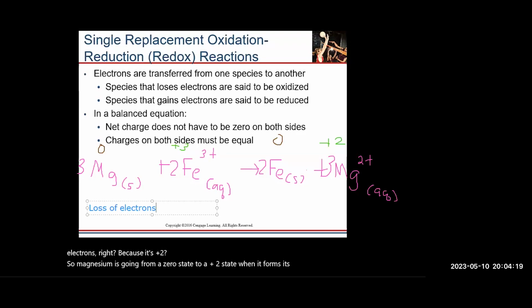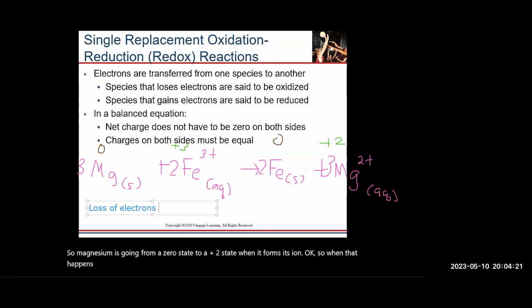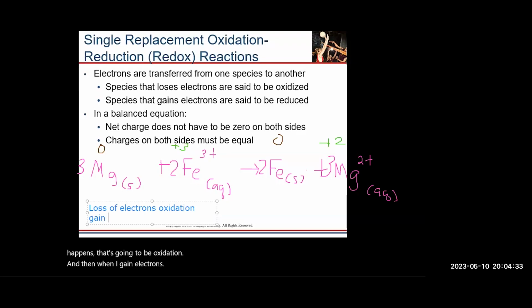When that happens, that's going to be oxidation. And then when I gain electrons, that's going to be reduction.